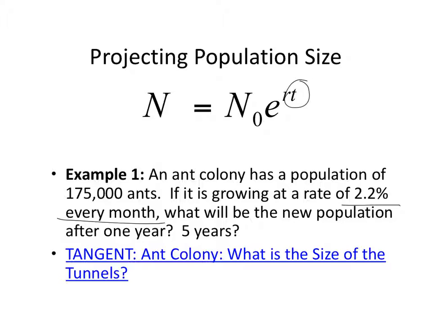We want to know the population after 1 year and then after 5 years. So what I'd like you to do is work through those calculations. Let's hit pause on the video, and then we will come back and look at those together. So hit pause and work through those two calculations.